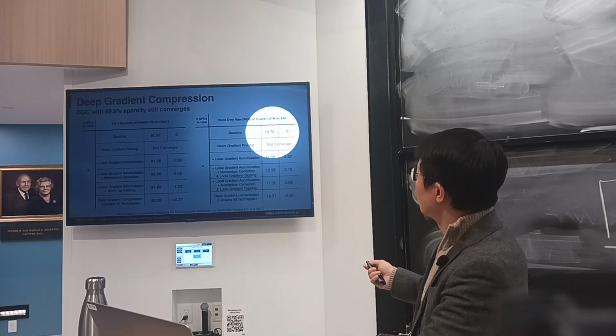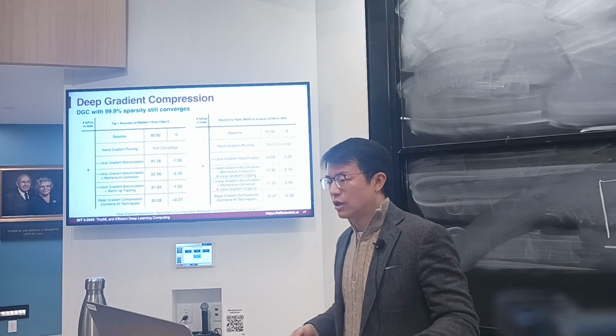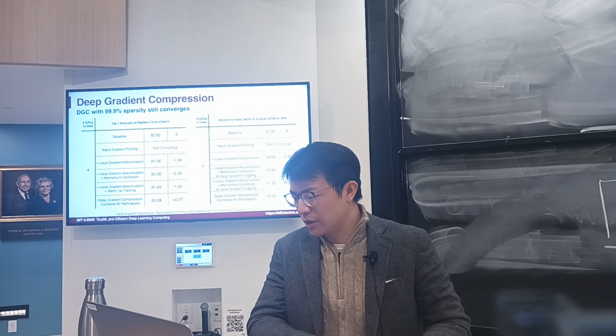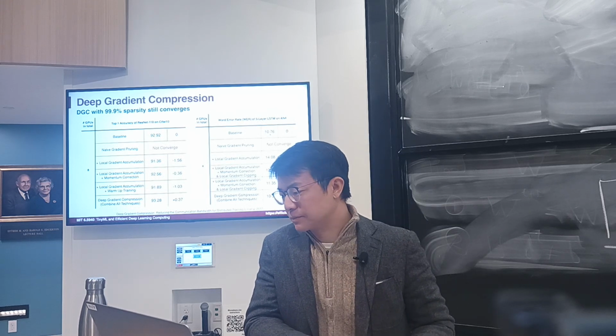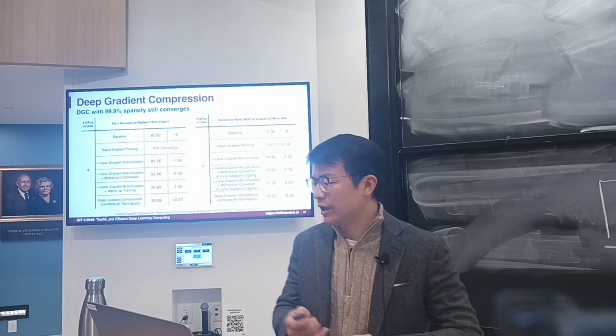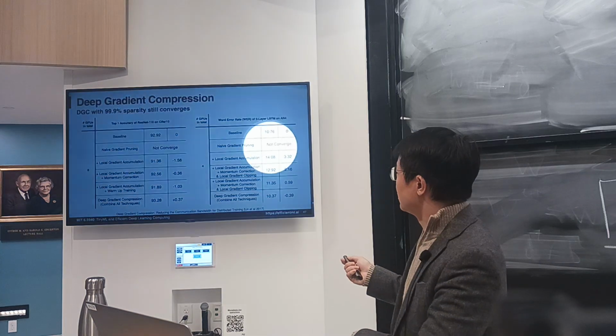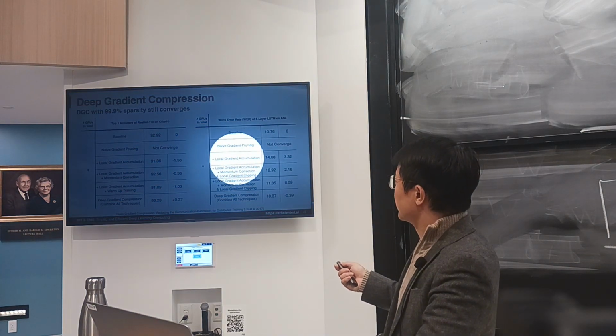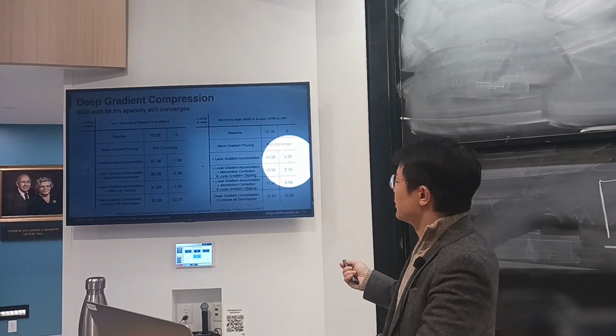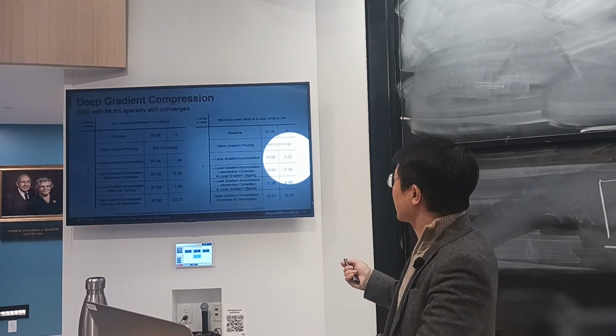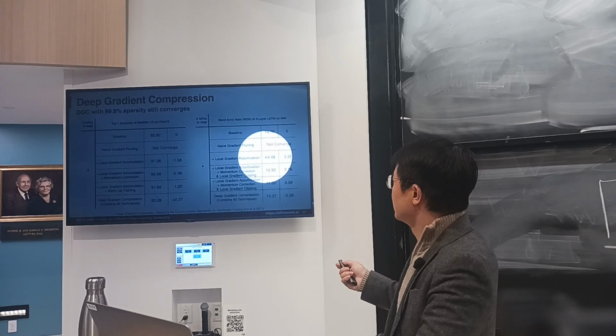The word error rate is also well recovered by combining all these techniques. The lower the better on the right hand side. If we just do local gradient accumulation, there is a 3-point degradation for the word error rate.